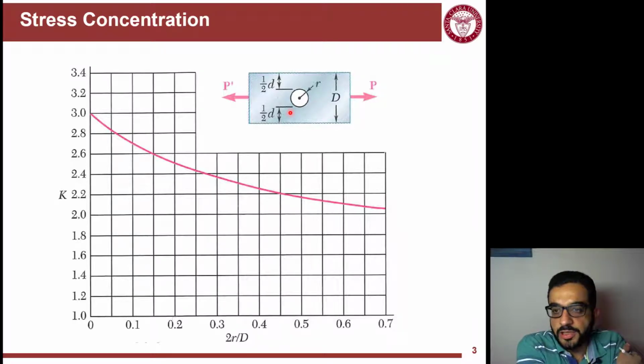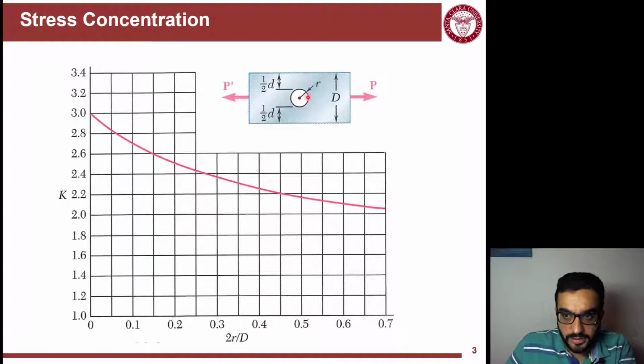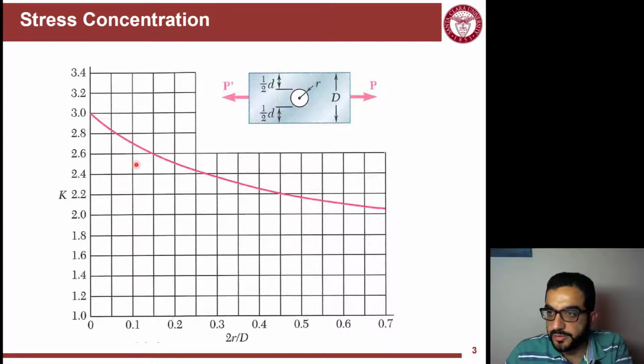Once you figure out this value, you go to the curve and go horizontally to figure out K. You can see that the bigger the hole, so the bigger 2R over D, the less stress concentration you have. But the smaller the hole, the bigger the stress concentration. That's an interesting observation.